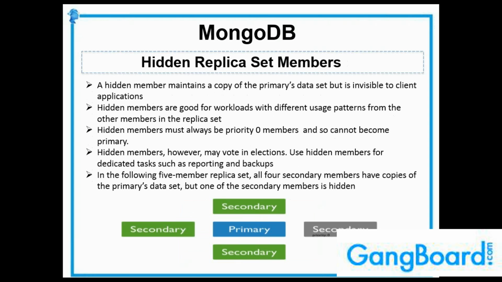Next is the hidden replica set member. A hidden member will look similar to priority 0, but it is not a priority 0 member by default.